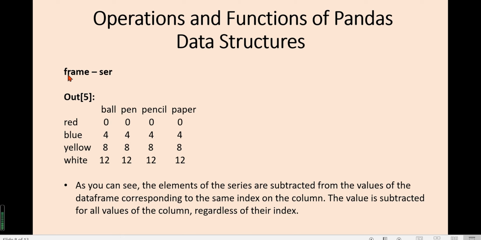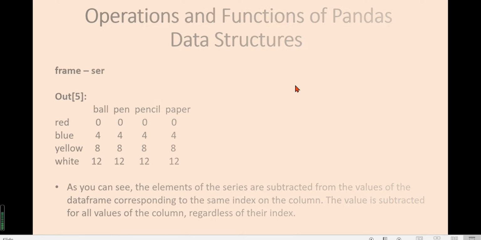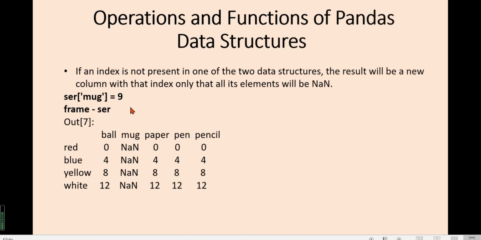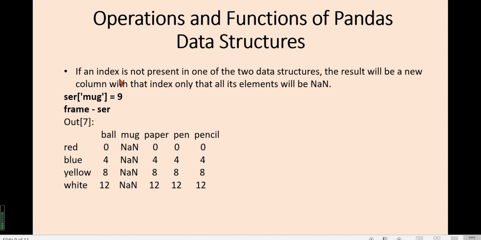So if we subtract a series from a data frame, the series index will match the columns of the data frame, and the value will be subtracted from each value of each column. If an index is not present in one of the two data structures, the result will be a new column with that index only, and all its elements will be NaN.